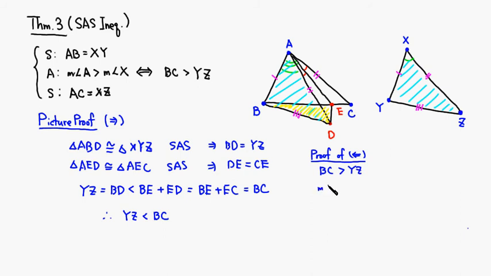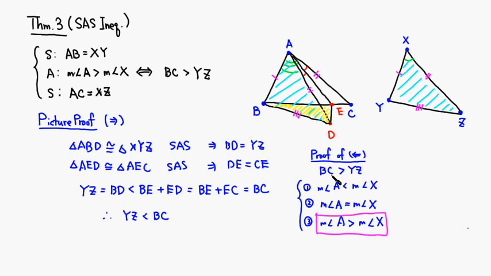Case 1: measure of angle A is less than measure of angle X. Case 2: measure of angle A is equal to measure of angle X. My third case is measure of angle A is strictly larger than measure of angle X. This is the one we want to keep, so let's eliminate the first two.